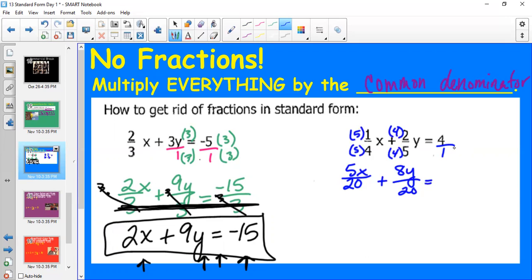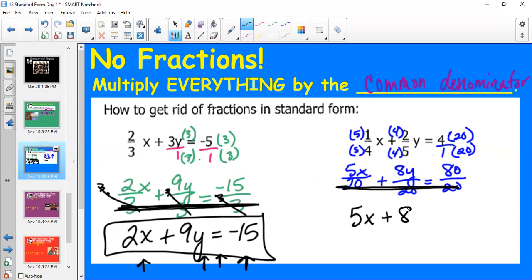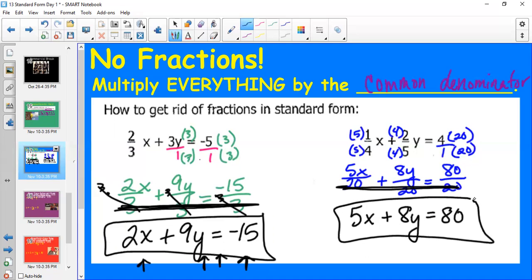And the last fraction, I have to multiply by 20, and that gives me 80 over 20. Once you have common denominators, cancel them out. So 5x plus 8y equals 80 is your answer in standard form. And that is how we get rid of fractions.